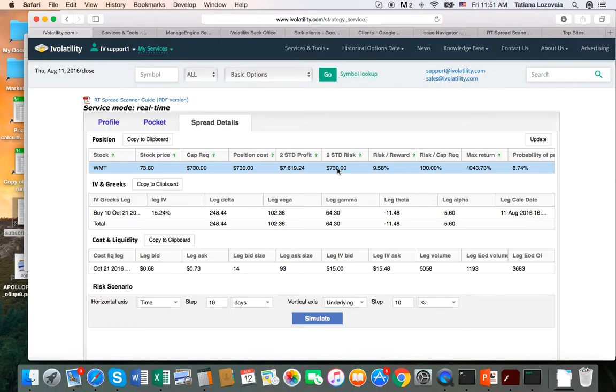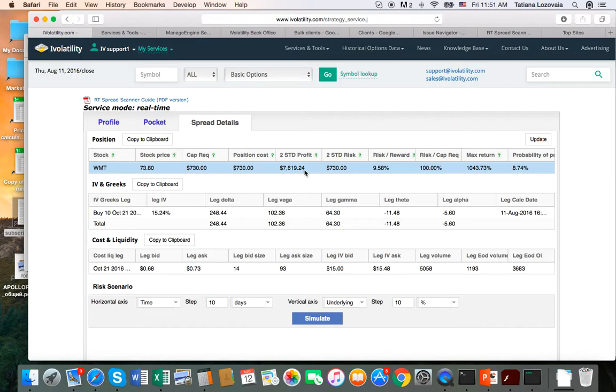That's the maximum risk we have over here. So this is our ask price. We would buy these options for 0.73. So multiplied by 10 contracts and 100 shares, that would be $730 in total, which is probably acceptable. But if our price moves up by 2 standard deviations, our profit would be about $7,600, which is good.